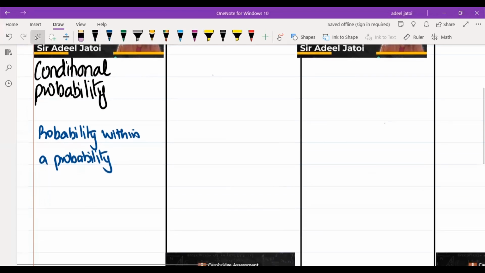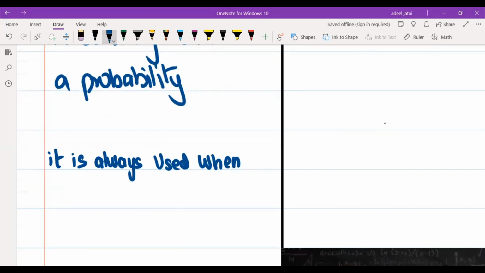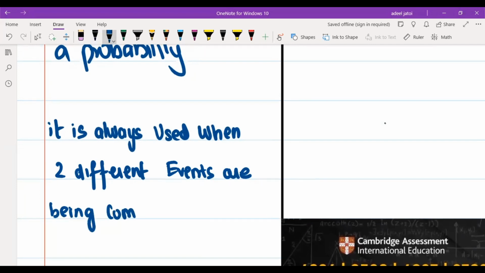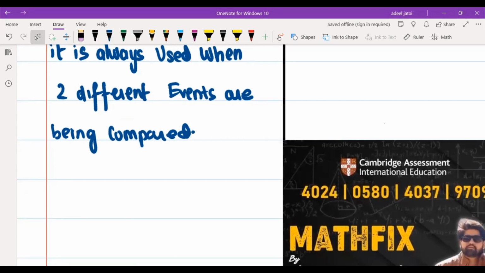We'll be further discussing this, but it is always used when two different events are being compared. So whenever we talk about two different events, there might be a possibility that conditional probability is tested.